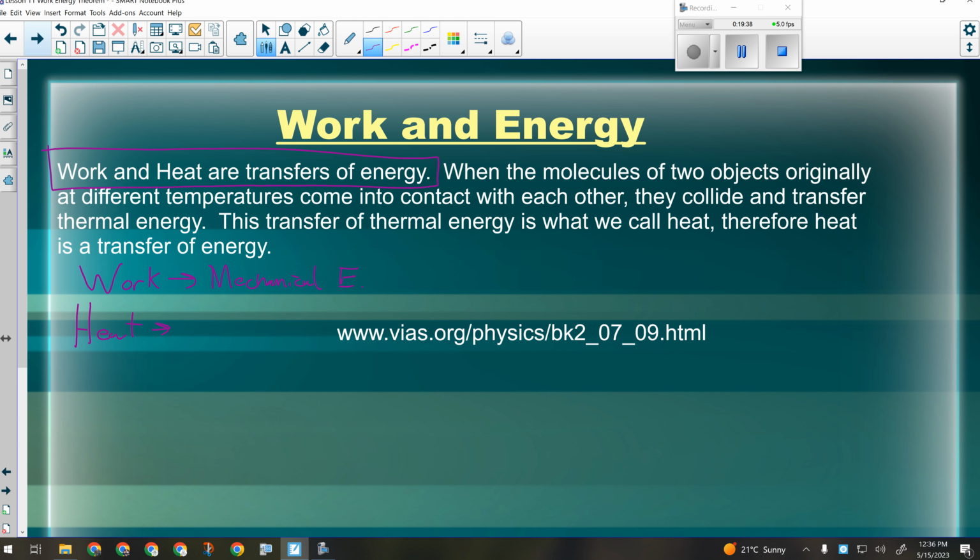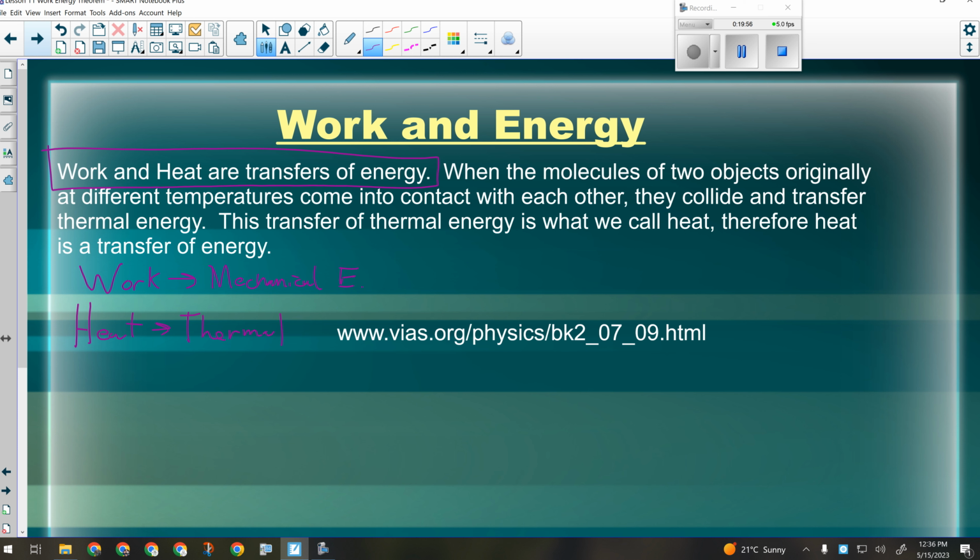Starts with T. Thermal. Okay, so they work in the same way. They're transfers of energy. It's just what kind of energy they're transferring. We need to understand that those two work in the same way with different kinds of energy.